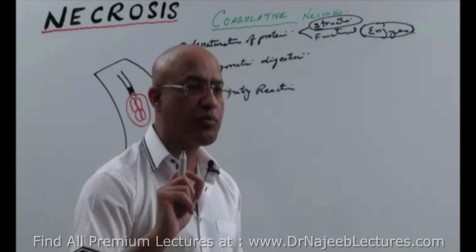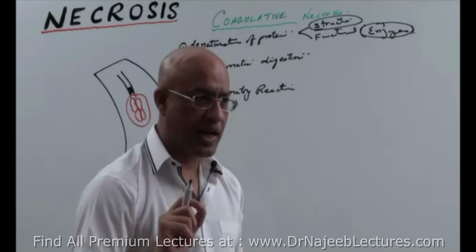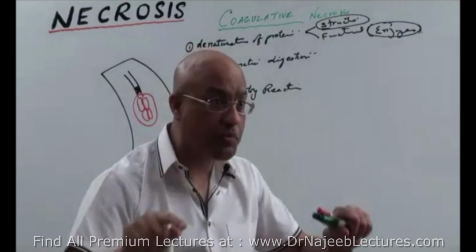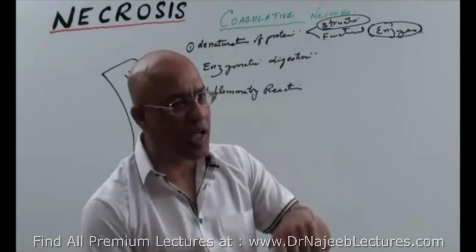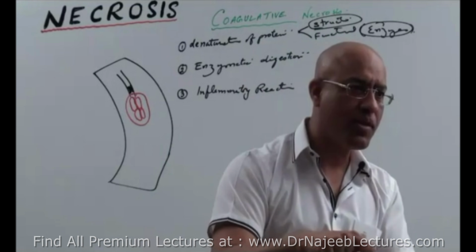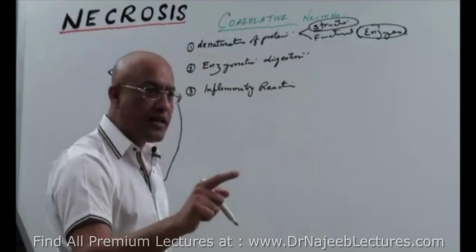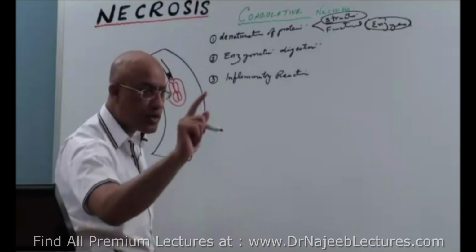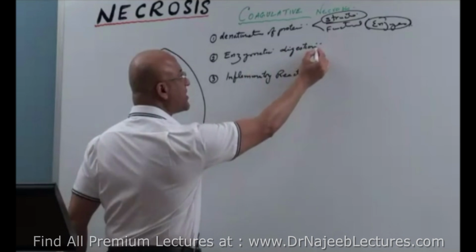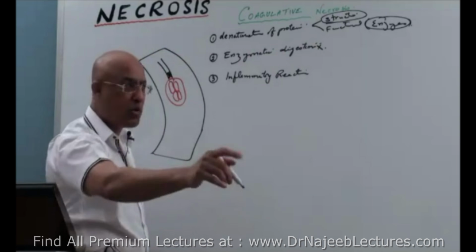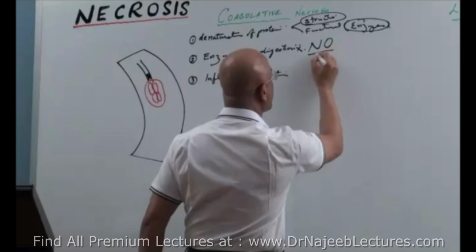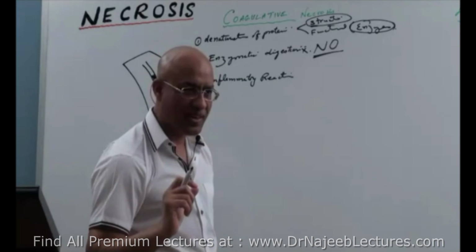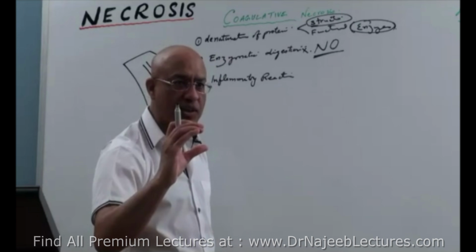If the denaturation process is so severe and so broad spectrum that not only structural proteins but simultaneously enzymes also undergo denaturation, then the enzymes are non-functional, and if they are not functioning, can enzymatic digestion start there? No. A very big no. So what will happen? Cells will be frozen. Apparently cells will be frozen.